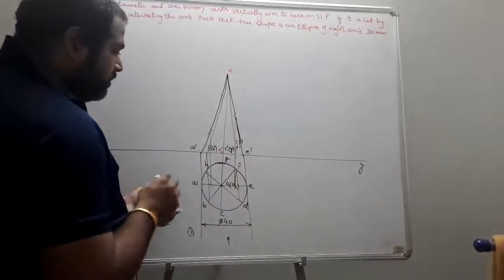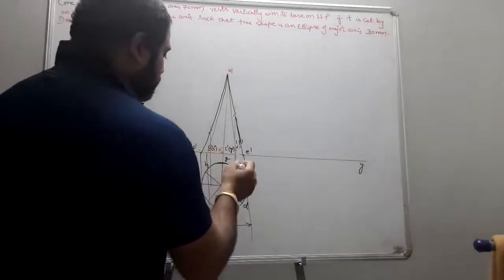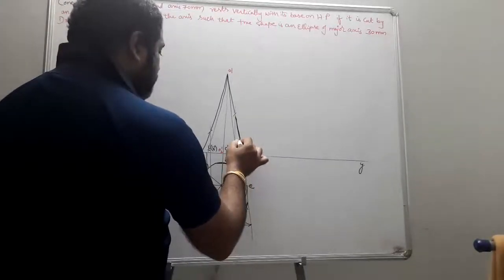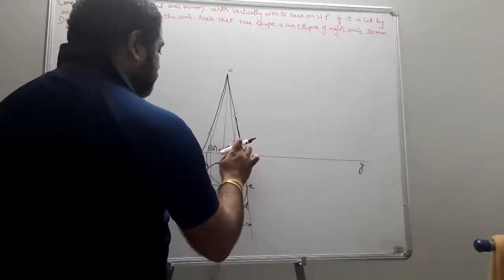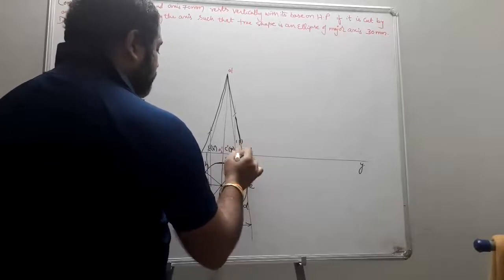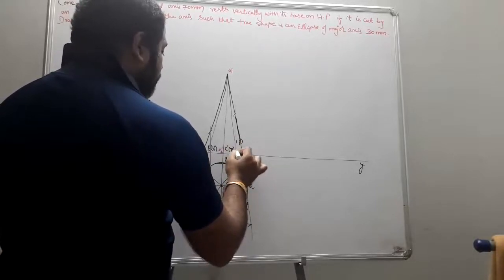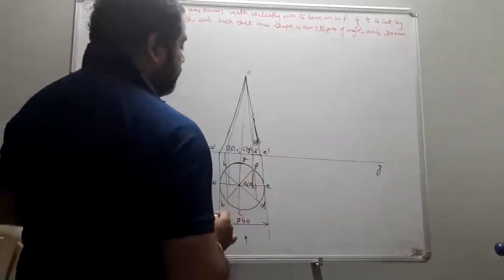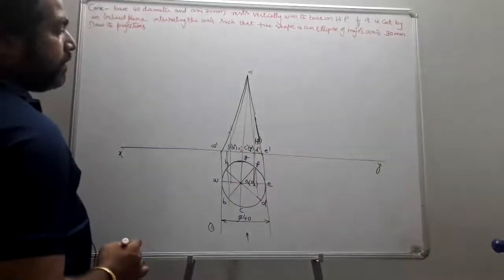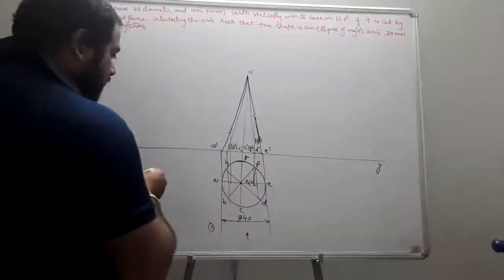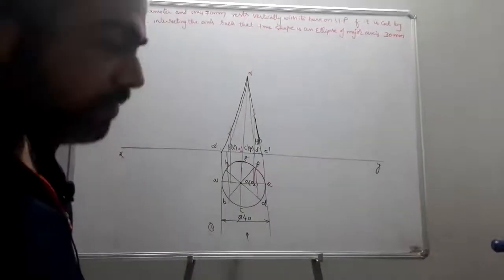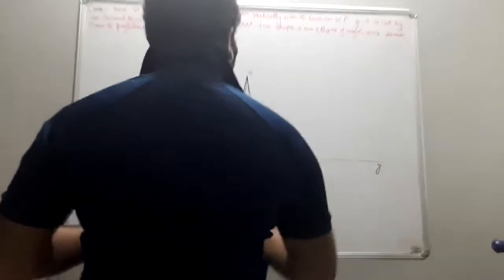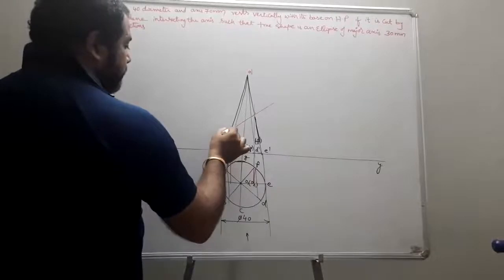So this becomes your point. This is D dash, in bracket it is F dash. Now if you draw your cutting plane passing through these points, that becomes your section plane.